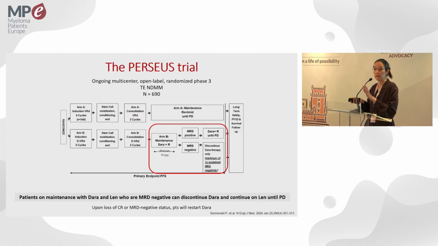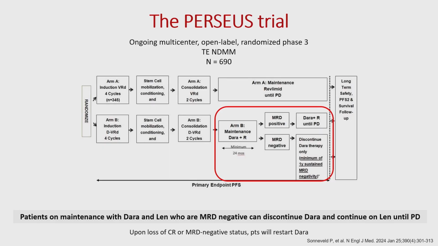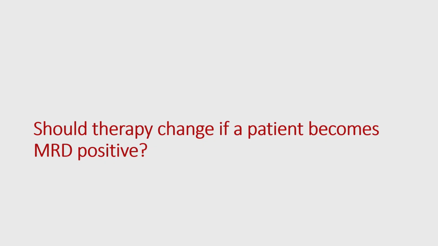In those patients that after 2 years of maintenance were in sustained MRD negativity, daratumumab could be stopped. So we are using MRD negativity in this trial and in others in those patients with maintained MRD negativity to reduce the intensity of the treatment, and this, once approved, is going to be applied in our clinical practice from now on.